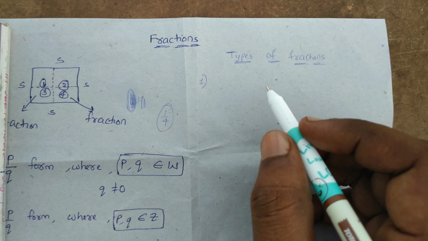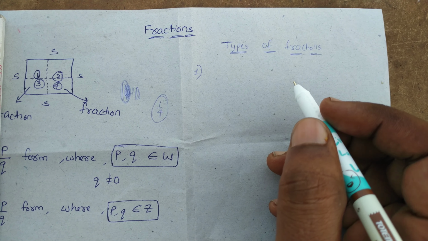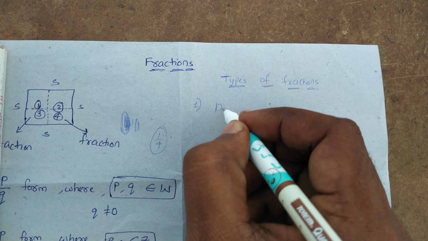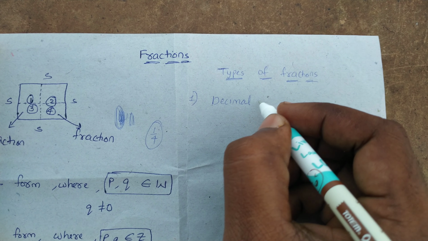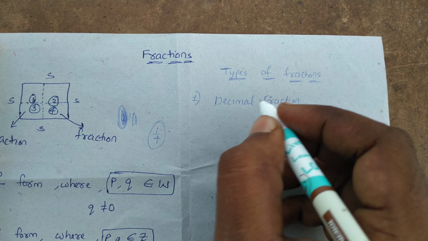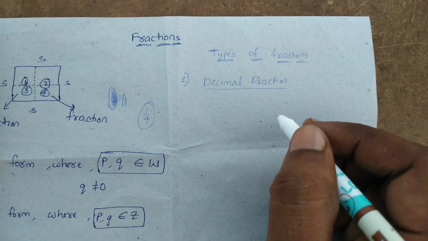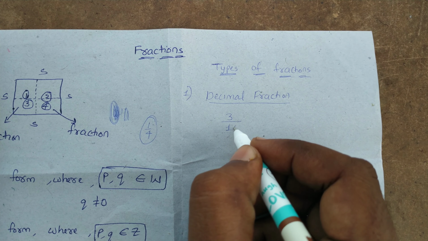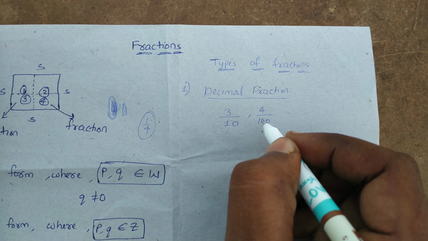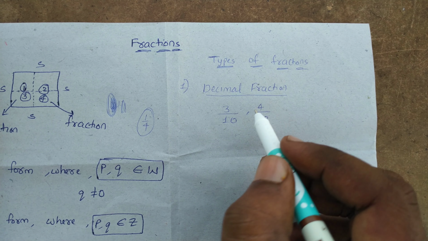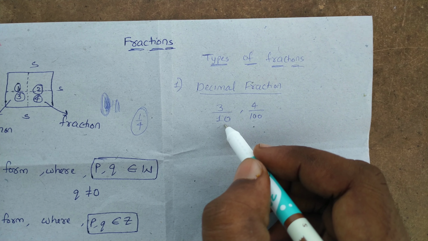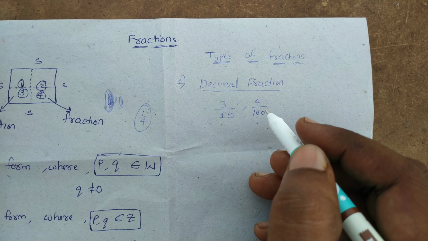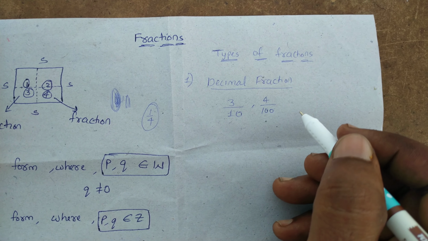We have types of fractions. In that, what is the first type? The first type is decimal fraction. Decimal fraction means, if we write 3 by 10 or 4 by 100, whatever the fraction may be, the denominator should always be in the form of 10, 100, 1000, 10,000, like that, in multiples of 10.